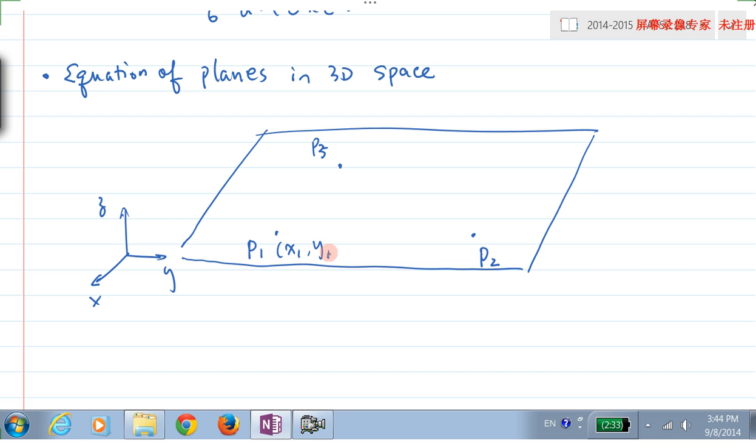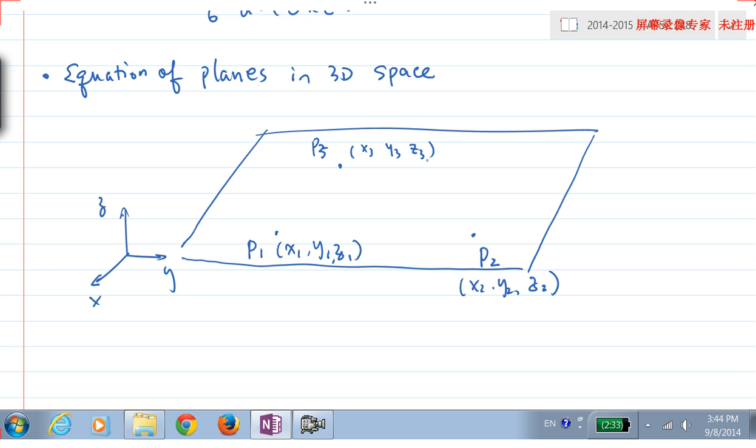Let's say the coordinates of the 3 points are (x1, y1, z1), (x2, y2, z2), and (x3, y3, z3). Remember, I use small brackets for coordinates.